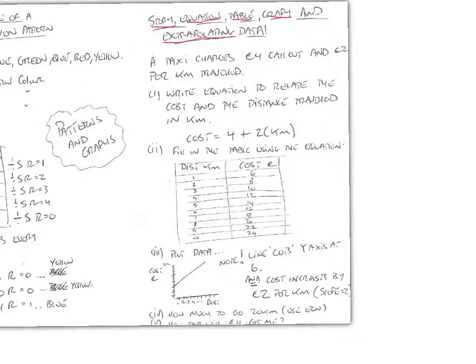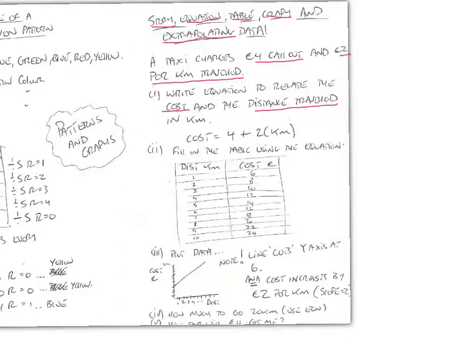So for example, a taxi charges €4 call out and €2 per kilometre travelled. So we need to, first of all, write down an equation which relates the cost and the distance travelled.